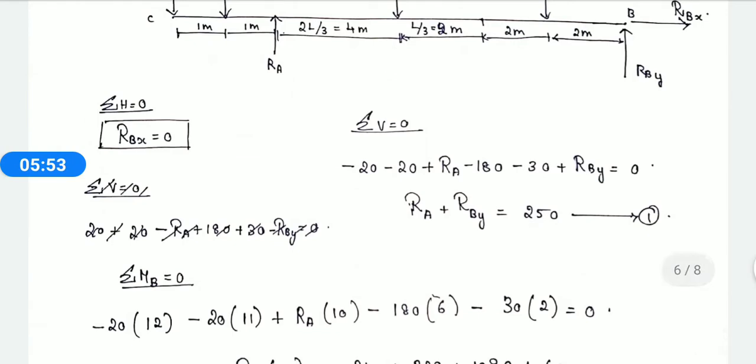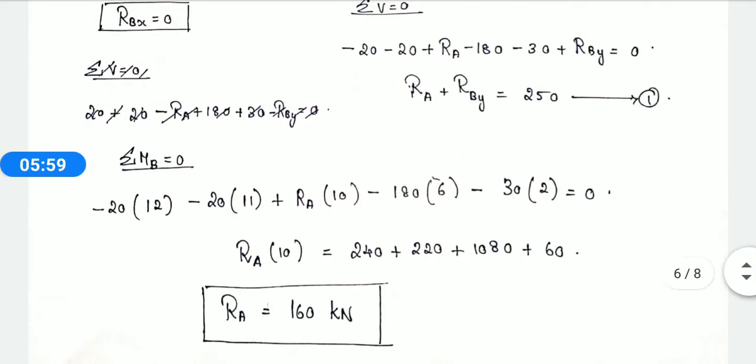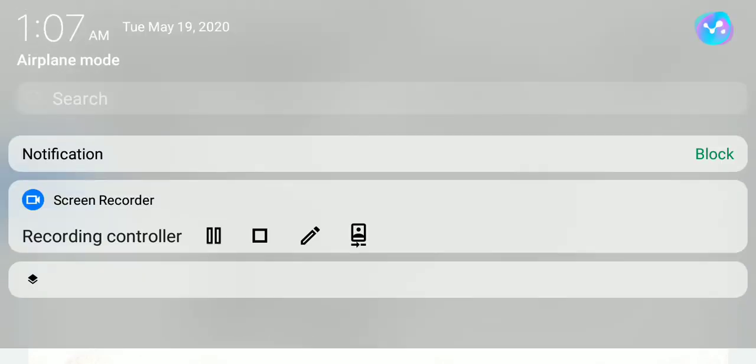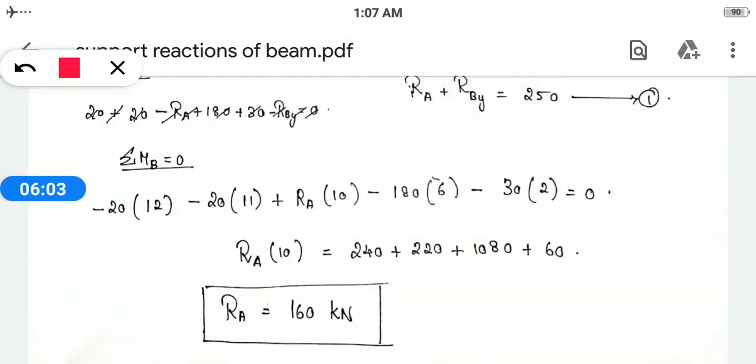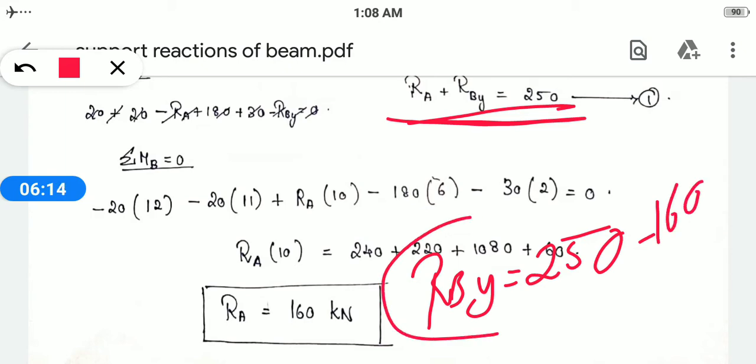Already we had calculated RBX and we had calculated RA. Now take this value RA and substitute in your RBY formula. That means substitute in this formula. So what will be your RBY? RBY will be equal to 250 minus 160. This is your answer for your RBY. Calculate and add it in this.